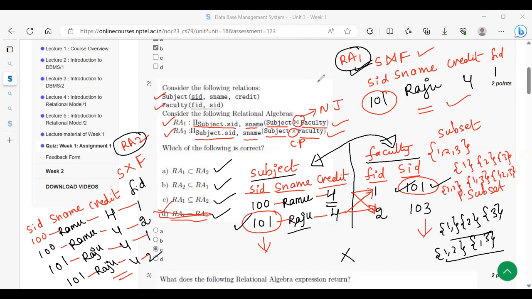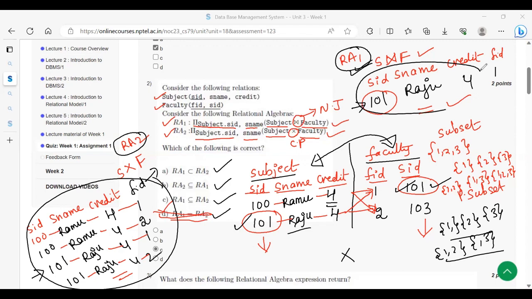Now if you see the natural join, we have only one value, which is 101 Raju 4 1. Here again, 101 4 Raju 1. The cross product will get more results, and the natural join will get only common values.